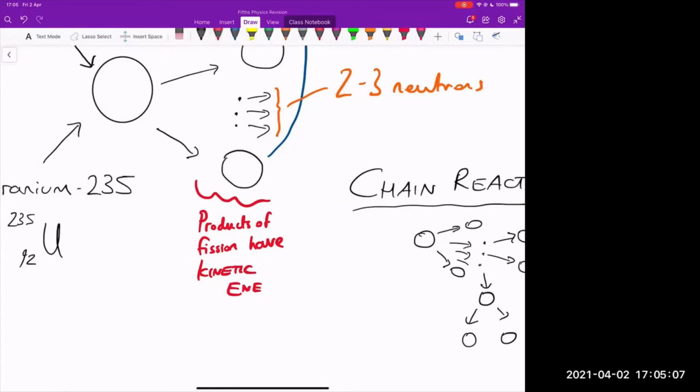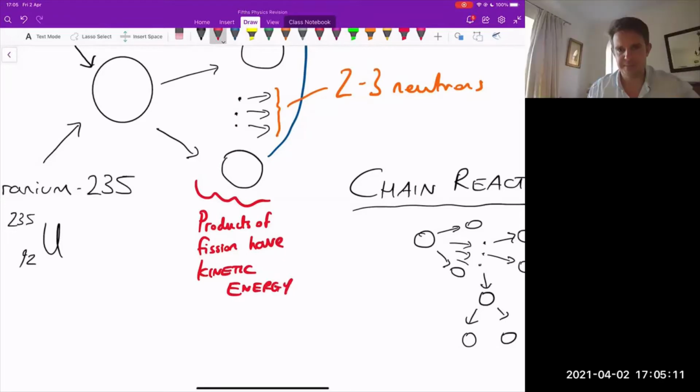Is that transferred as heat? Yeah, exactly. Absolutely. Ultimately, the kinetic energy that the neutrons and the daughter nuclei have is transferred to the moderator and the coolant and warms them up. So ultimately, yes, that kinetic energy is transferred to thermal energy, which is then carried by the coolant to the turbine.